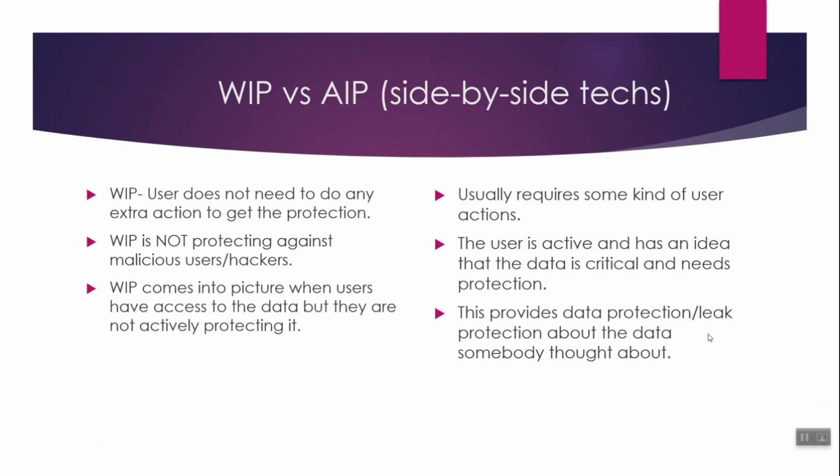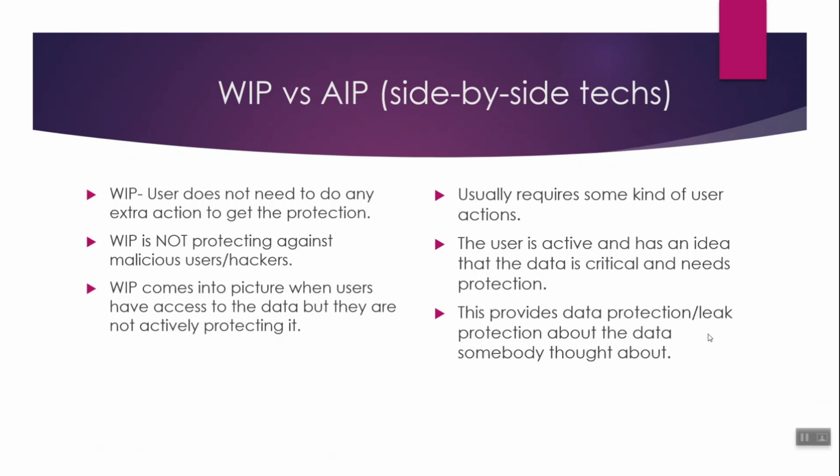But in case of AIP, if the policy is set that if somebody is moving information from corporate to personal, they should be prompted, it would require a user intervention, meaning some user action is pending on the user, even if everything is going by design.